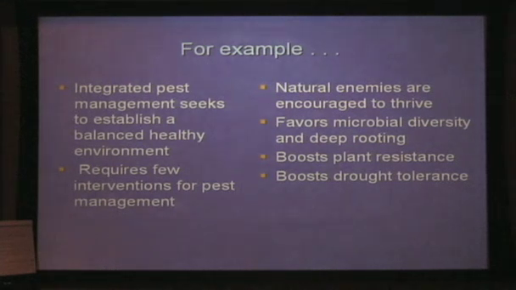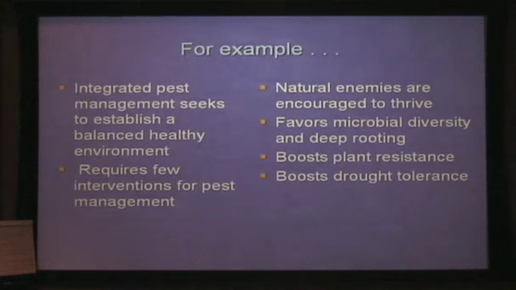Here's that. I took these out of the Wall Street Journal story. Integrated pest management seeks to establish a balanced, healthy environment. And it was actually more of a green gardening helps balance, establish the environment. Why? Well, requires few interventions for pest management. This was one of the messages, not all of them.